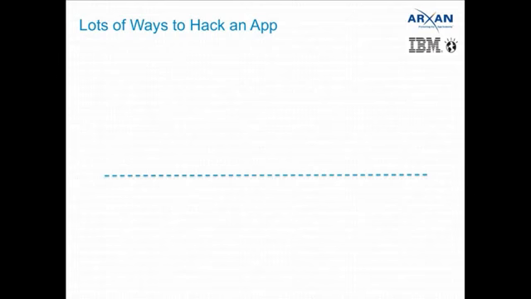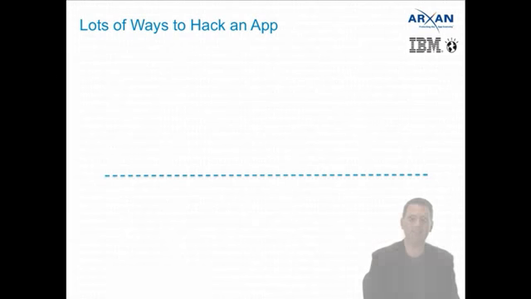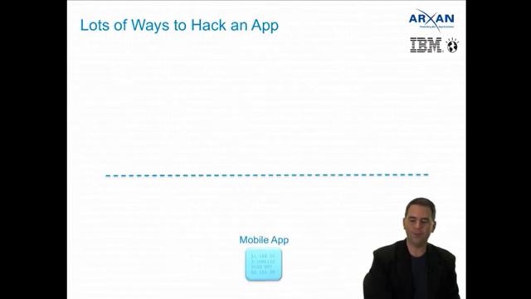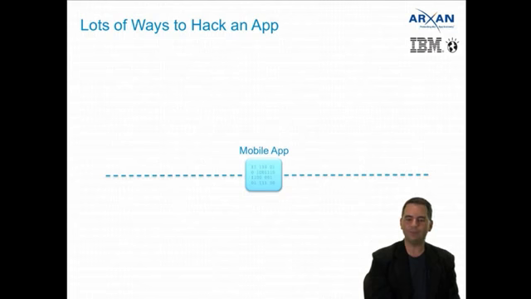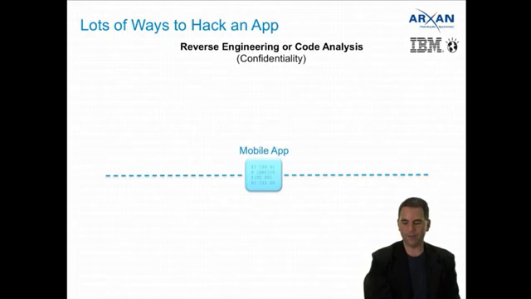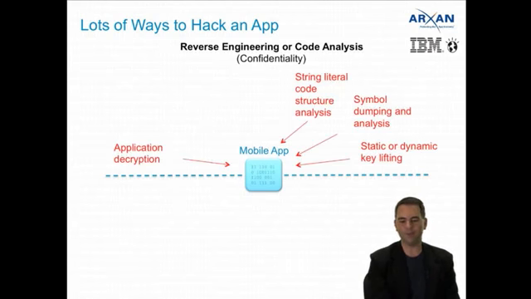Now let's explore a few actual attack vectors out there. Here we have our mobile app, and as discussed earlier, we have the risk of reverse engineering. If we look at some of the common attack vectors for reverse engineering, what we're going to first do is bypass the Apple code encryption, which is provided on all iTunes Store applications.